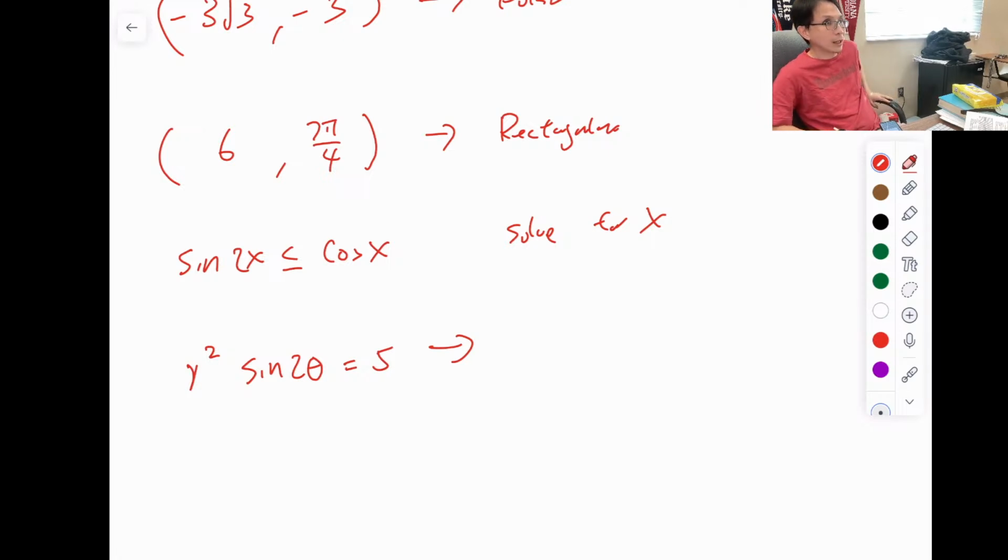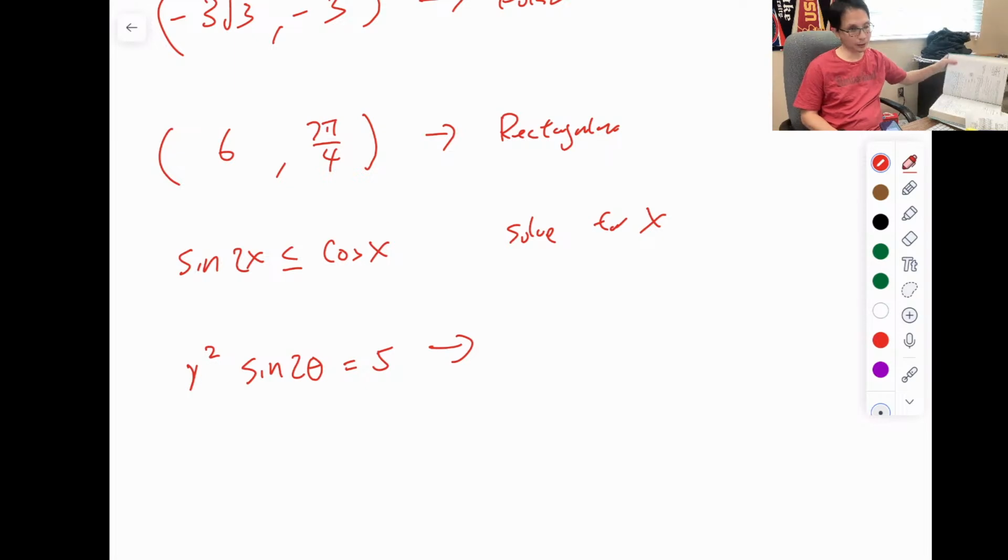I think that's a question Emily asked me the other day. Was it you? Oh, you got it right. Somebody else asked me that question. What do we have to do? You had to convert to a rectangular equation. Last two. Yeah, that's the same one.